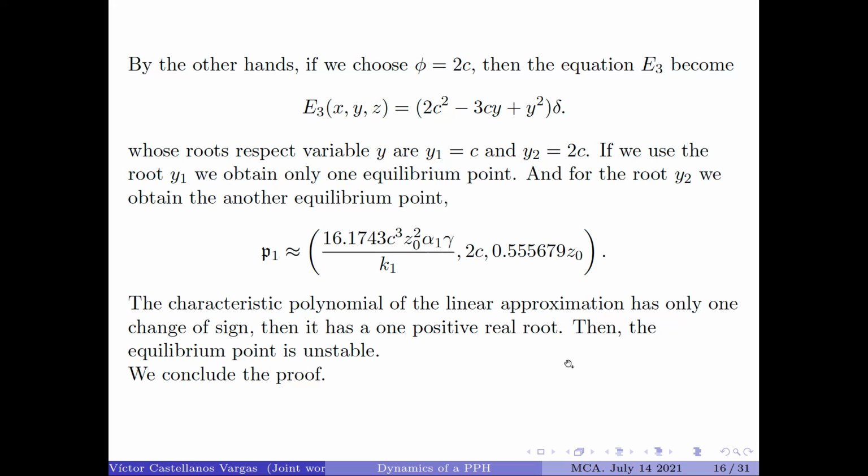And in the equilibrium point P0, the condition of the relation of the parameters gives that the equilibrium point has one real negative eigenvalue and a pair of pure imaginary complex eigenvalues.